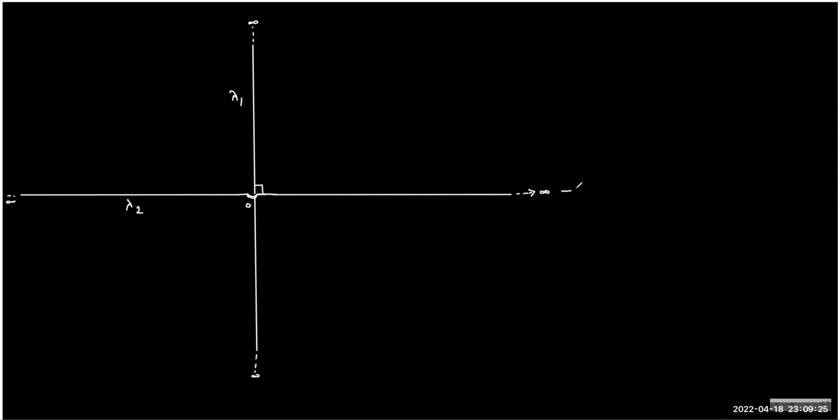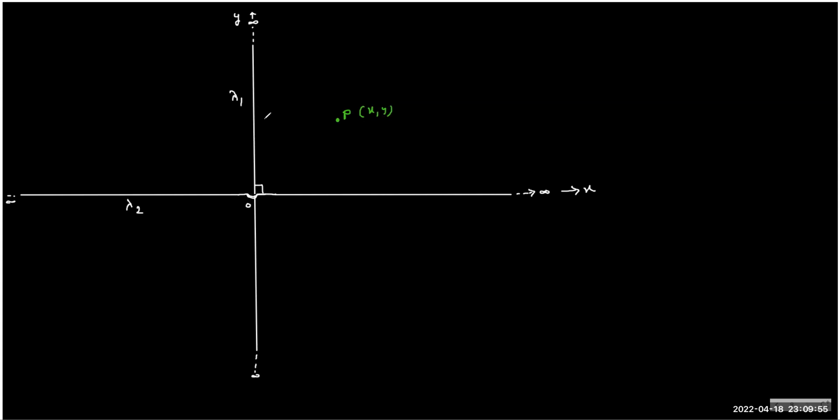So if I call this x-axis and this y-axis, then if I choose any point P, and if I again call the x and y, now this is an easy problem because these are infinite.